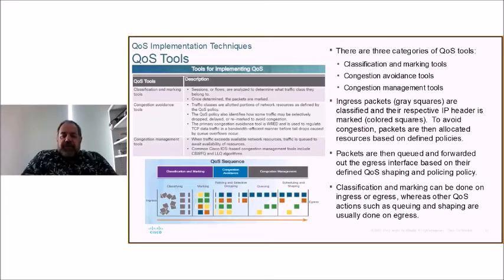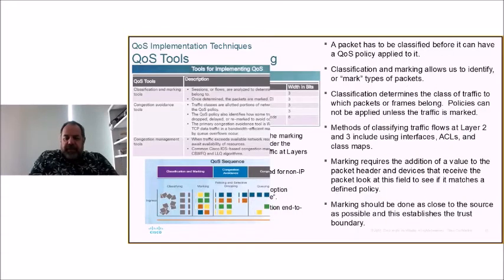Packets are then queued and forwarded out of the egress interface based on their defined QoS shaping and policing policy. Classification and marking can be done on ingress or egress, whereas other QoS actions such as queuing and shaping are usually done on egress. So basically that's what all those coloured squares are there for.